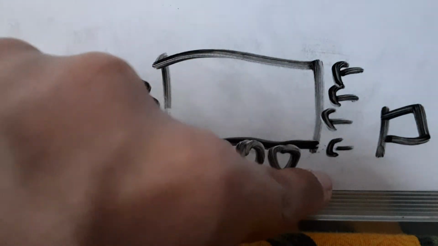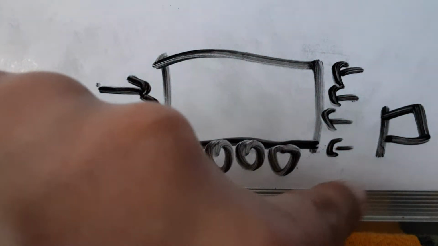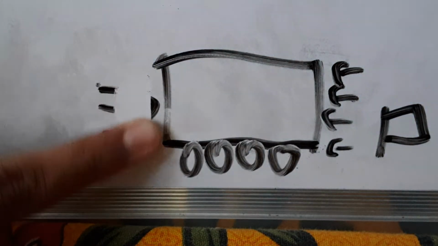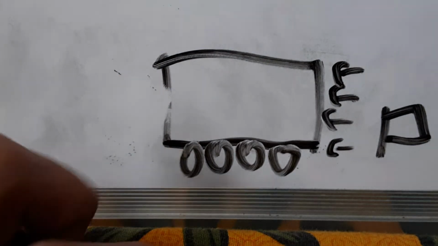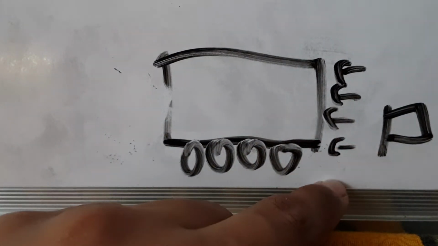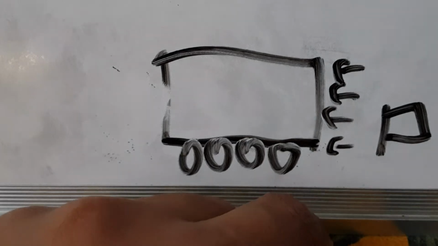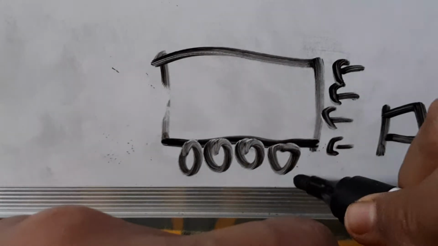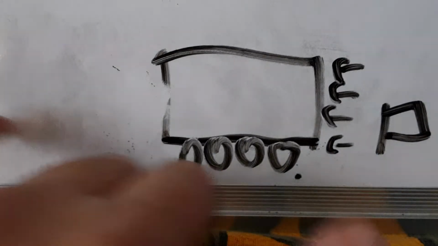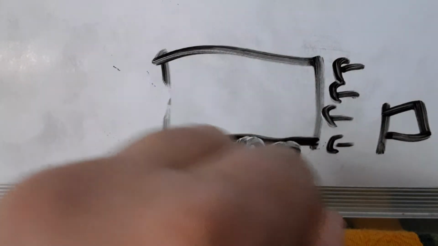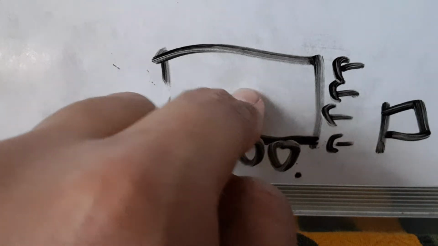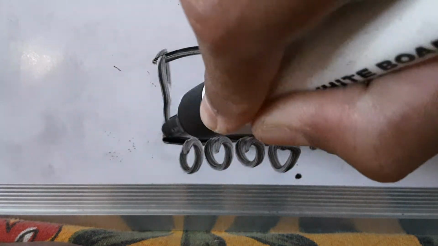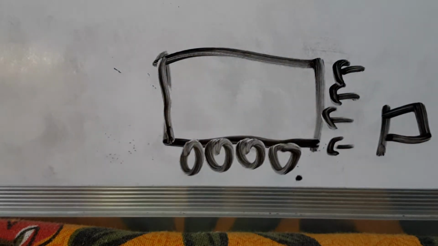Now it had to stop, and this force exceeds this force. I'll rub this off. This is the speed, not the force. So there is a force acting on the opposite side of where the bus was moving, and then it suddenly stops. So what happens here? There are unbalanced forces, meaning there is a net force acting on this body, and thus it makes it stop. So the bus has come to a stop.